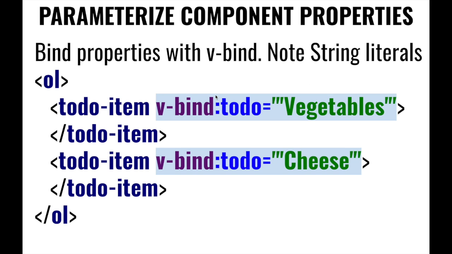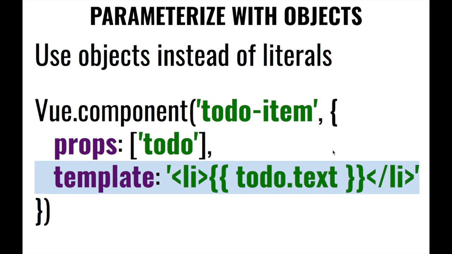So v-bind, then the name of the attribute that we're declaring in the component, and then here we can pass in either a literal string like we're doing here. These are the outer double quotes, and inside this could be either a variable or a literal. Here we're passing a literal string, vegetables and cheese. Or we can also pass in an object instead of just a literal string, and that object can have attributes.